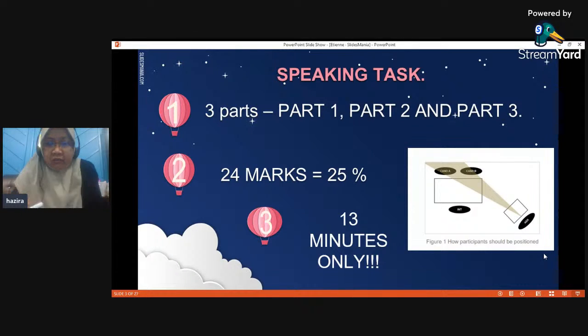It is a pair activity, so the teacher will face two students, candidate A and candidate B, and you can notice there is one table there. It is for the assessor to sit at one side, near enough so that the assessor could see and hear everything clearly.